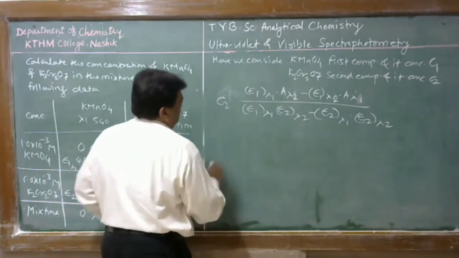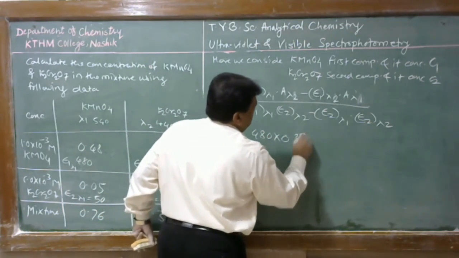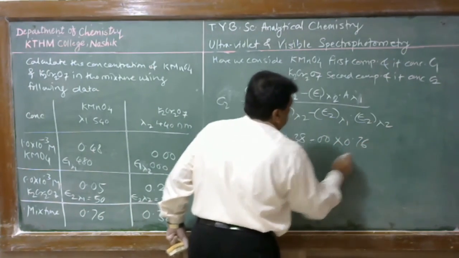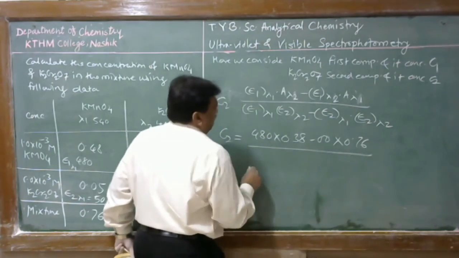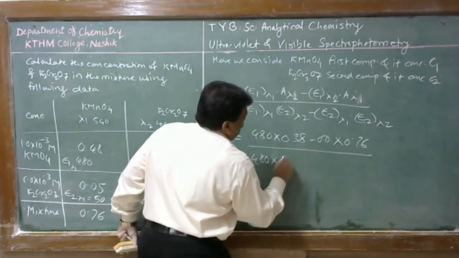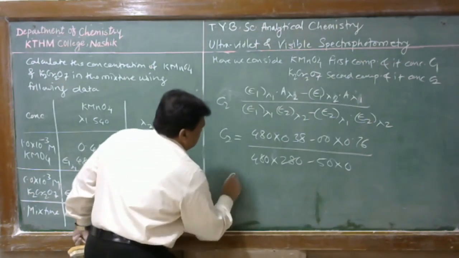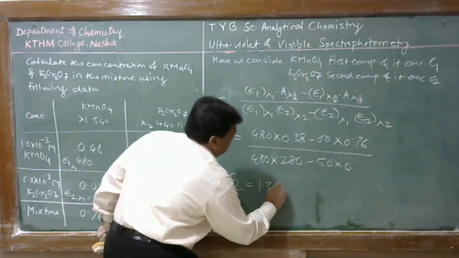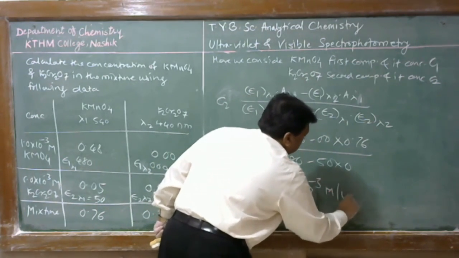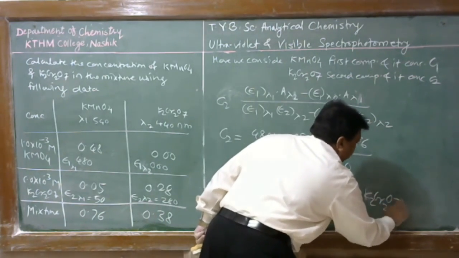Therefore, C2 is equal to 480 into 0.38 minus 0 into 0.76, divided by 480 into 280 minus 50 into 0. When we solve this, C2 is equal to 1.357 into 10 raised to minus 3 moles per liter. This is the concentration of potassium dichromate.